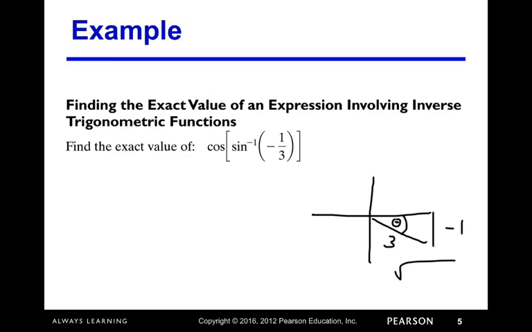So use the Pythagorean theorem then. Square root of 3 squared is 9 minus 1. That'll be the square root of 8, which will then simplify to be 2 square root of 2, which would be our x value.